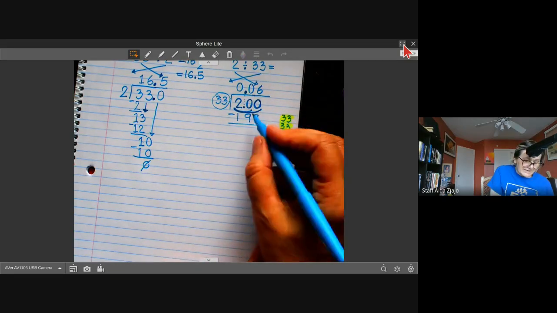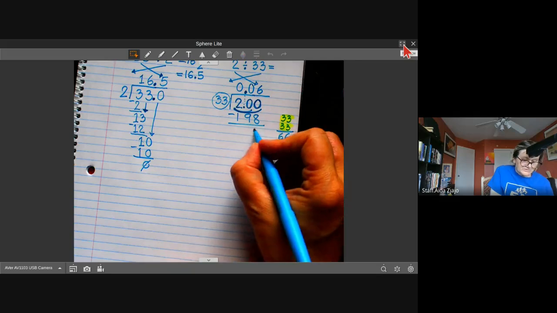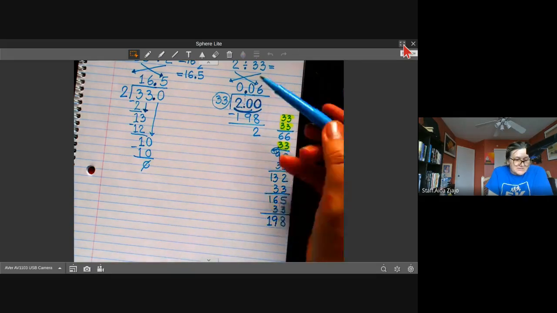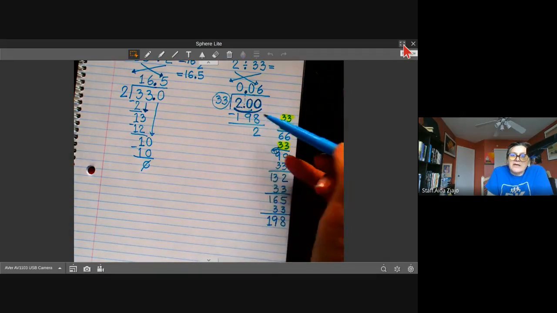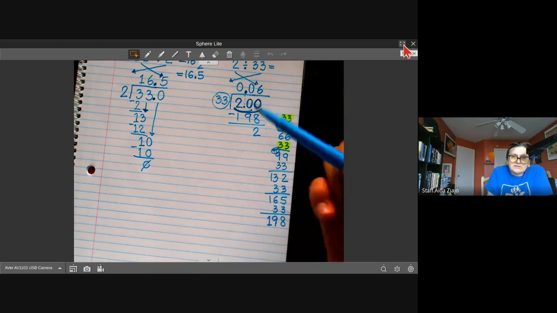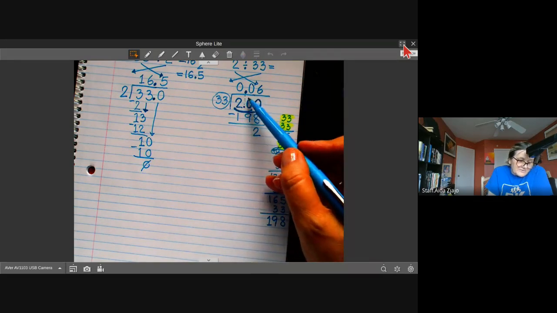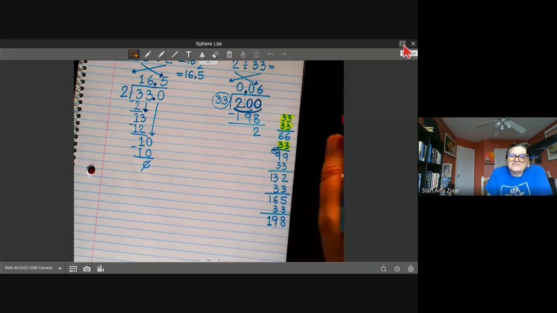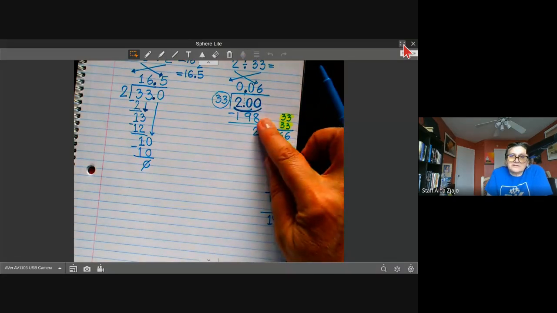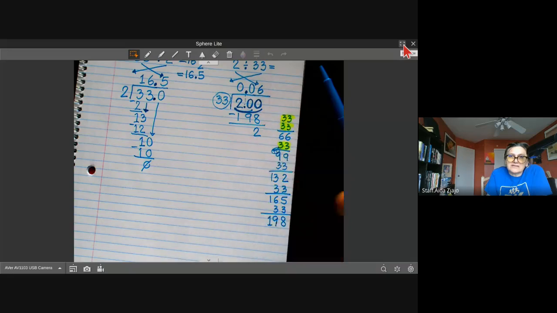And I will get again 2 as the answer, because 200 minus 198, you can do the rule, regroup this, make this 10, and then take 1 from here, make this 10. But it's so simple to say 200 minus 198, and you use strategy.